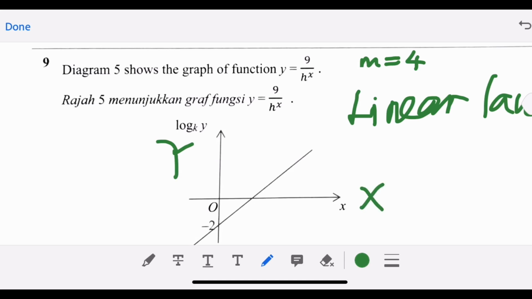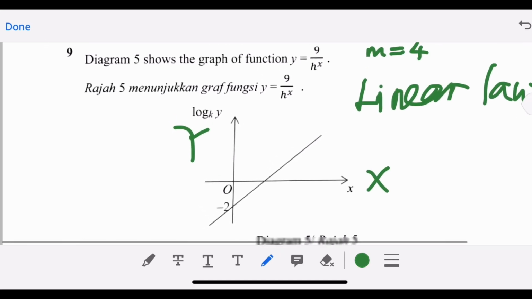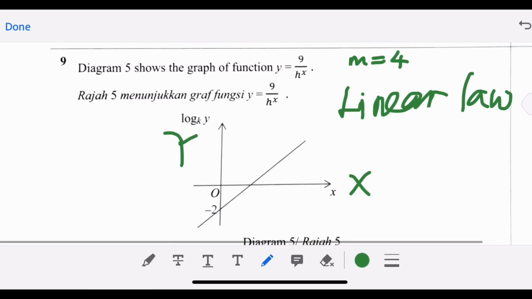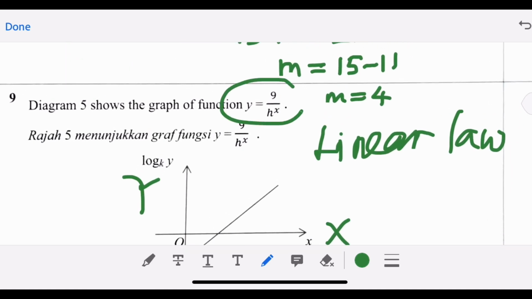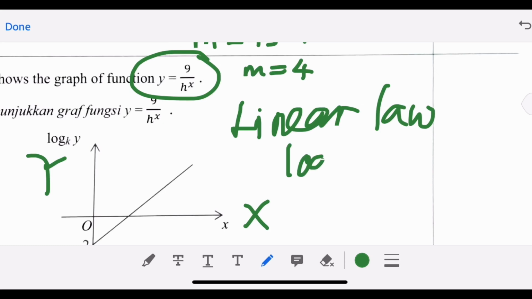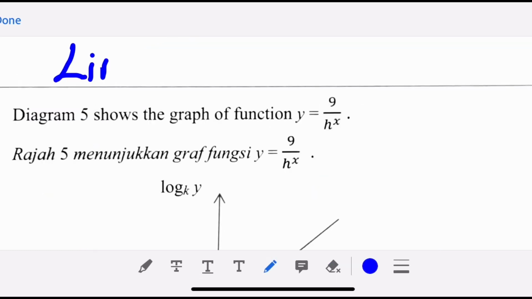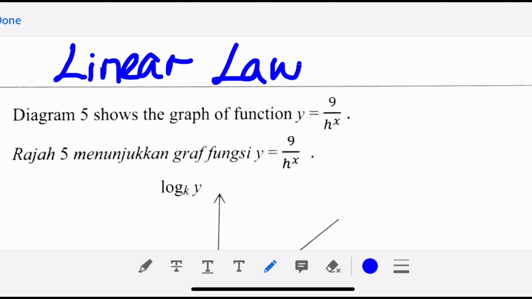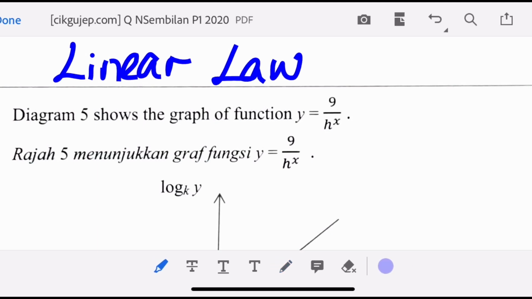So basically when you see linear law, you always start with the big Y and the big X, and then you can write down the big Y equal to mx plus c. Let me show you how to solve the linear law in order. So for linear law, we actually have the equation given.